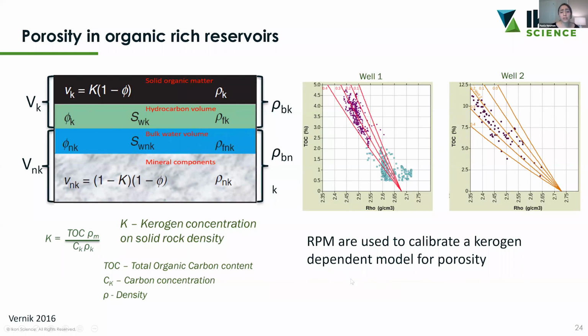So with these models, we can generate rock physics models that can be used as a calibration point for a kerogen-dependent model for porosity. And when you look at this template, which is a density and TOC for two different wells, what we can observe is different trends in the data. One could say this is pretty linear, but most often, sometimes people say, okay, I will run a density line and that will be enough, it matches my area.